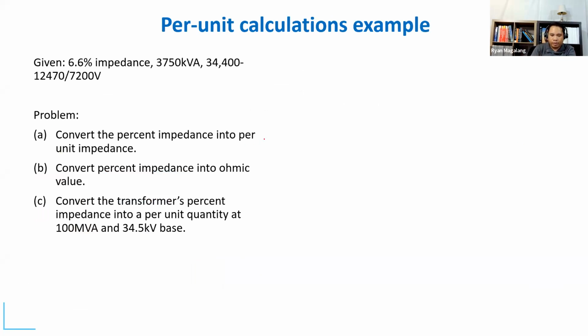By the way, percent impedance and per unit are basically the same, but expressed in different ways. Percent impedance, as the name implies, is in percent, while the per unit is in decimal. So to express 6.6% in per unit, you simply divide that by 100. So now you have 0.066.